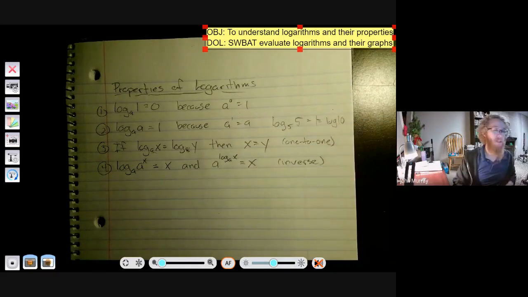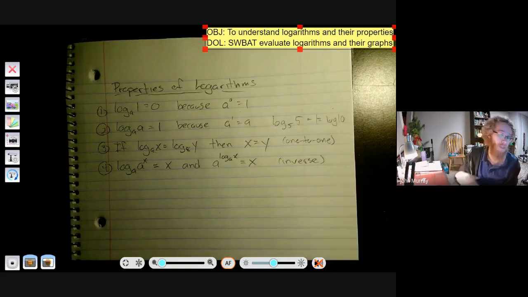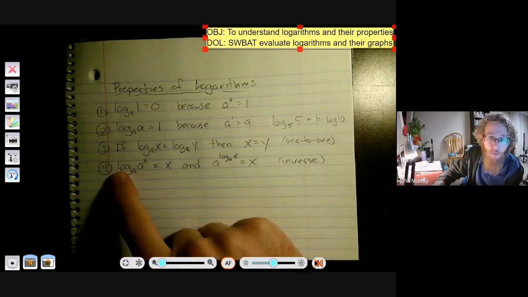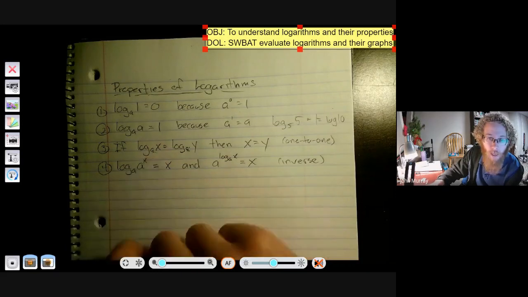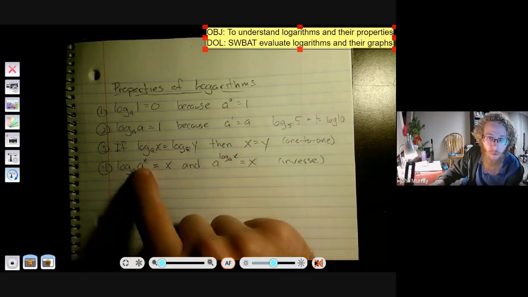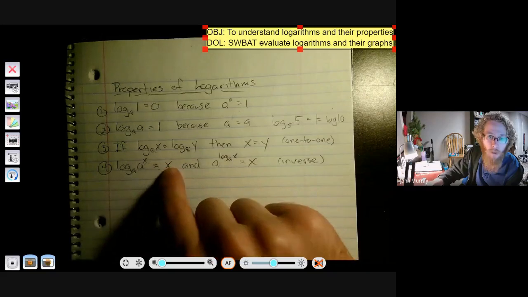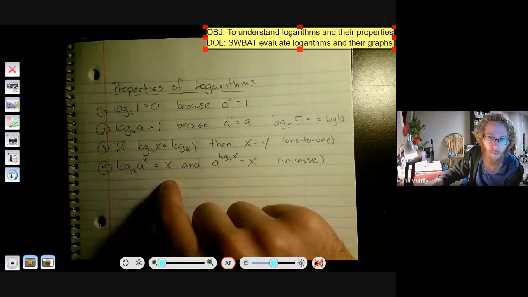The last rule is how we use logarithms and exponents together as inverse functions to solve. Like if I had 2x equals something, I would divide by 2 on both sides because that's the inverse property. So if you have log base a of an exponential function a to the x, all of this eliminates and all you're left with is the x.